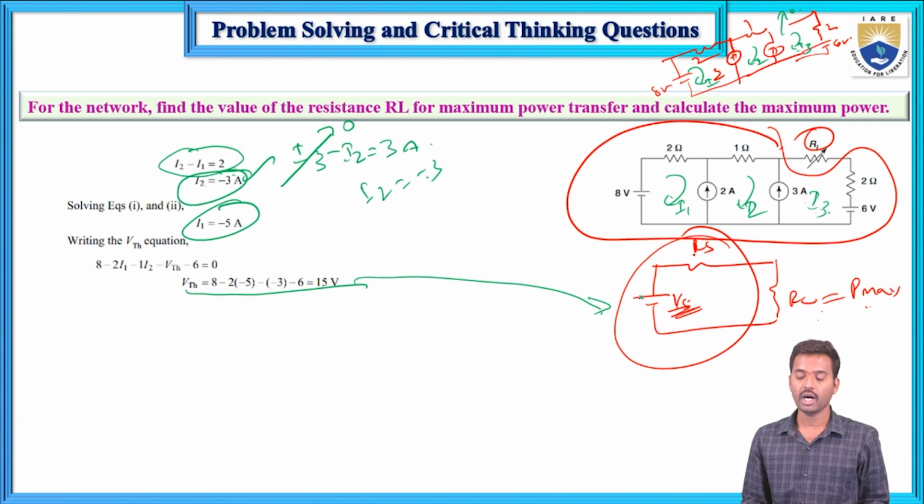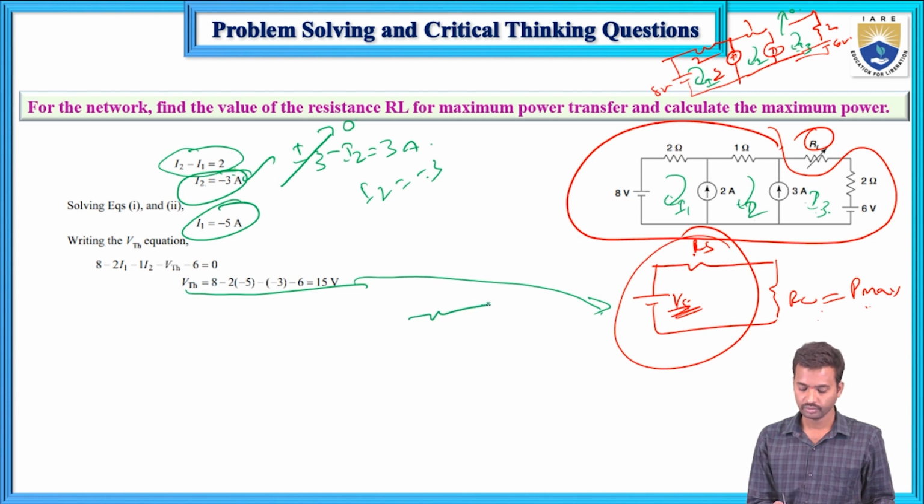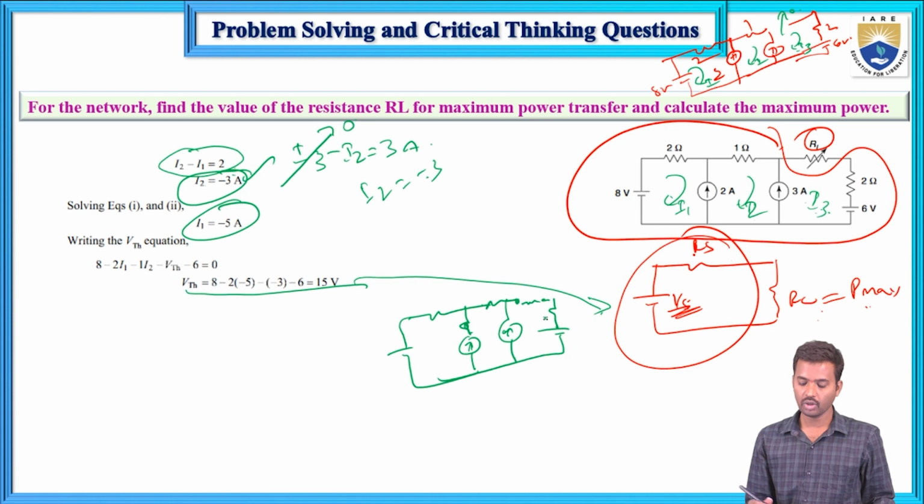Now the RTH calculation: remove the load resistance from the given circuit first. So here 2, 1 and 2.